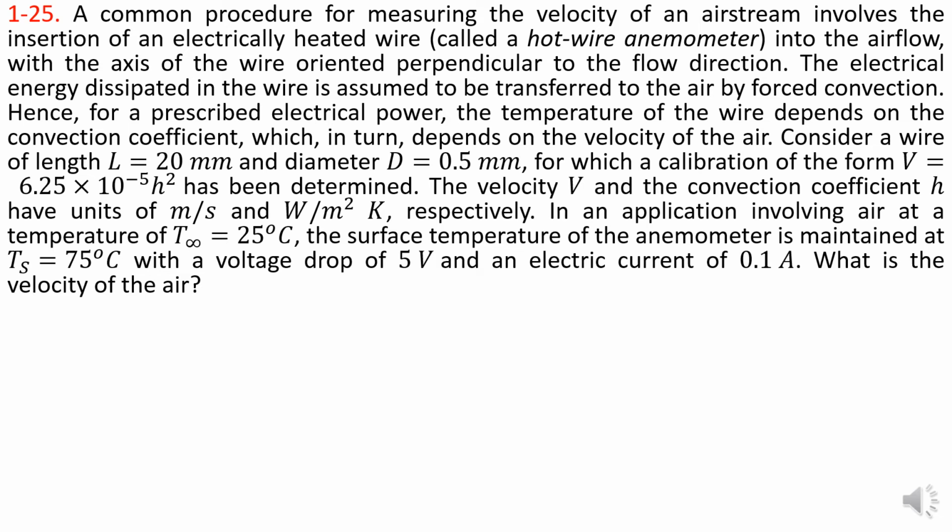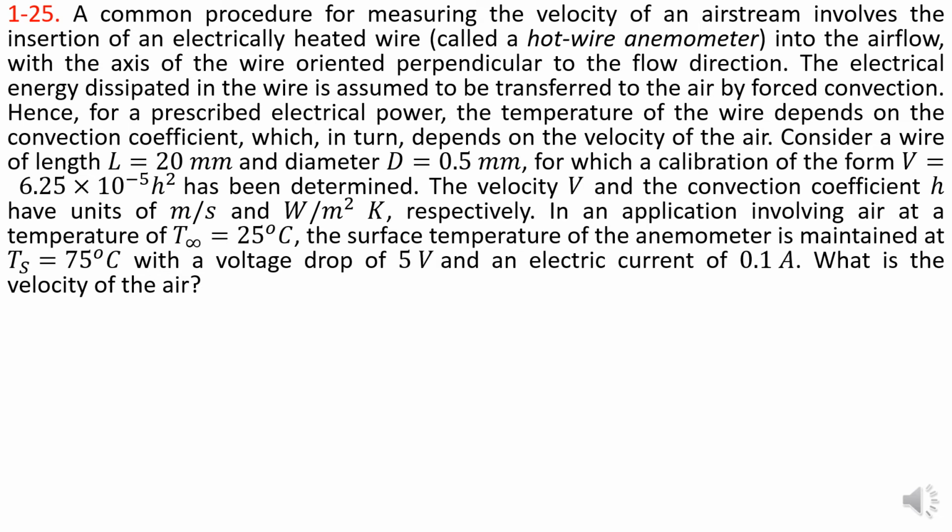Consider a wire of length L equal to 20 millimeter and diameter D equal to 0.5 millimeter, for which a calibration of the form V equals 6.25 times 10 to the power minus 5 times h square has been determined. The velocity V and the convection coefficient h have units of meter per second and watt per meter square Kelvin respectively.